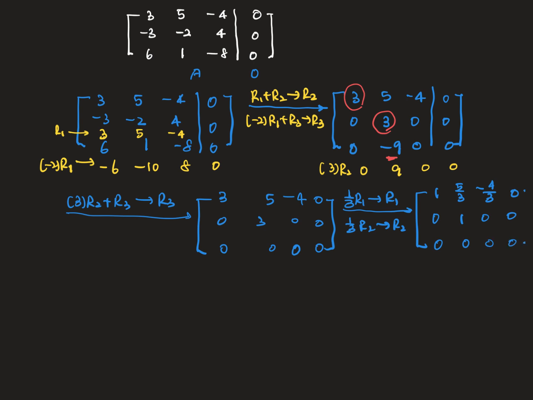Okay, so which one is going to be the free variable, guys? Here is pivot column x1, pivot column x2, pivot column x3. Here is a pivot, here is a pivot, here is no pivot. So you're going to say x3 is the free variable. Right? So row 2 is going to be x2 equals 0, right?